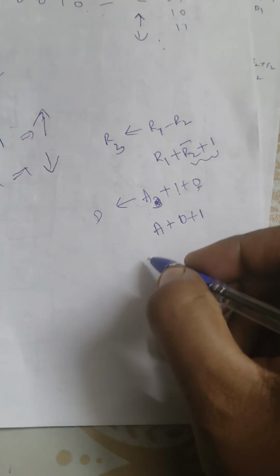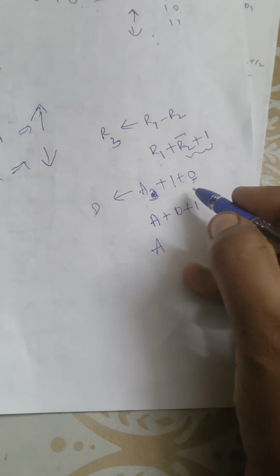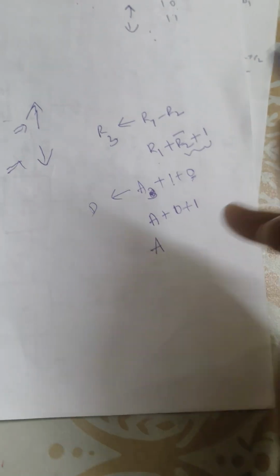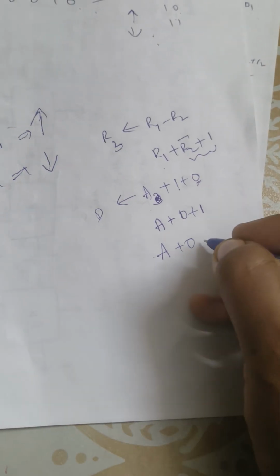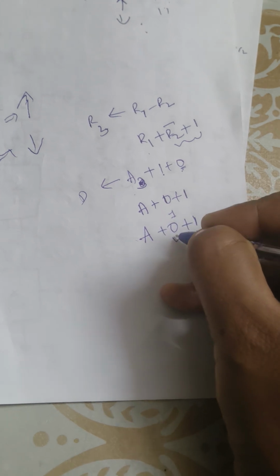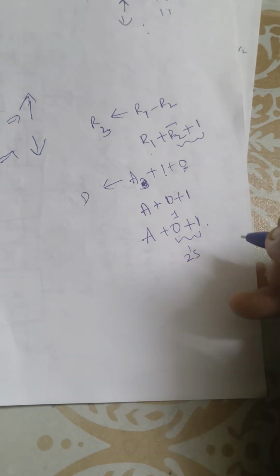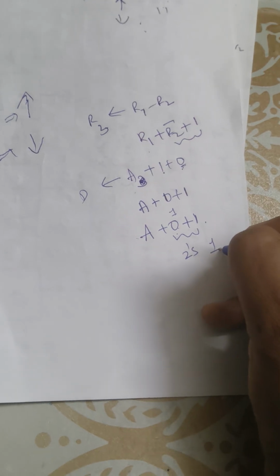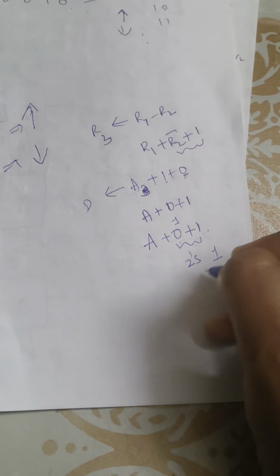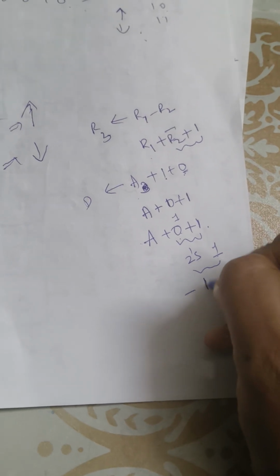So this is register R1 information A, and the 1's complement of 1 is 0, and 1 is added to it. So this operation is simply the 2's complement of 1. So the 2's complement of 1 is nothing but the subtrahend value. We can indicate that with a minus 1.